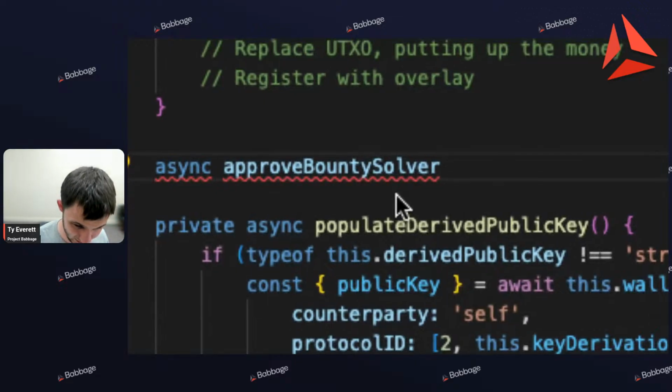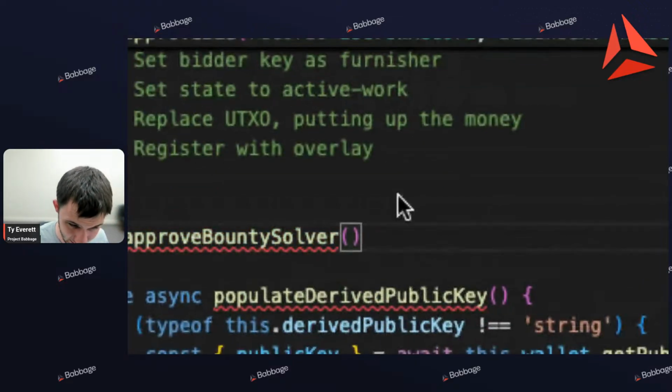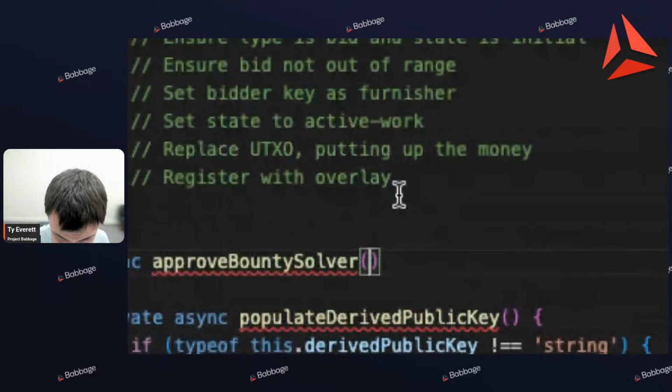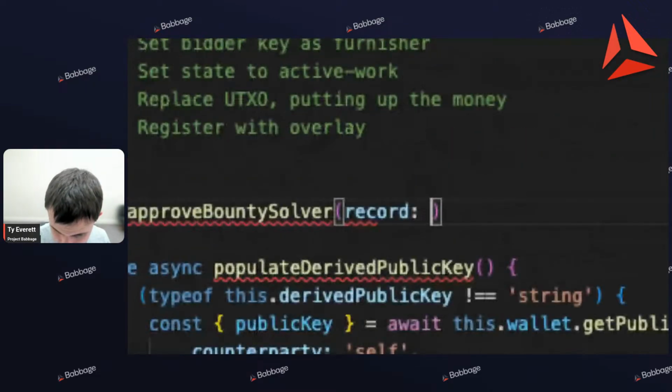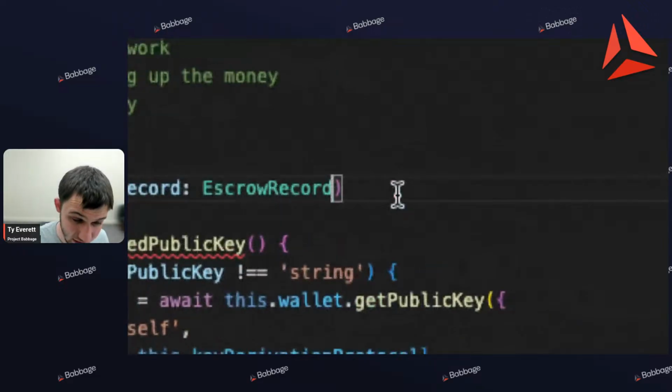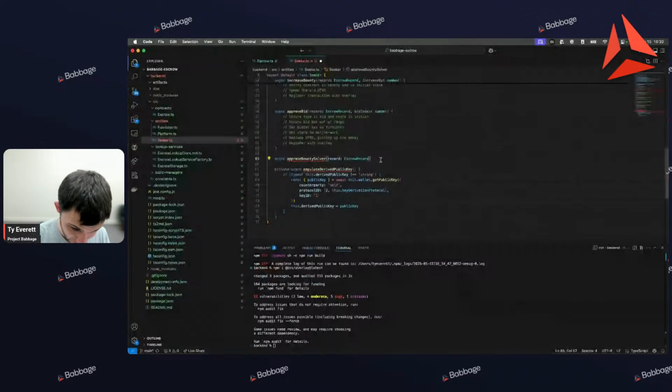Approved bounty solver. You need a contract, right? And you need the bounty solver who solicited.